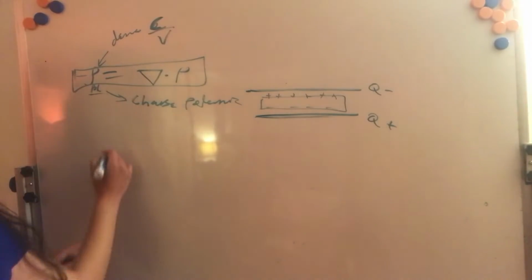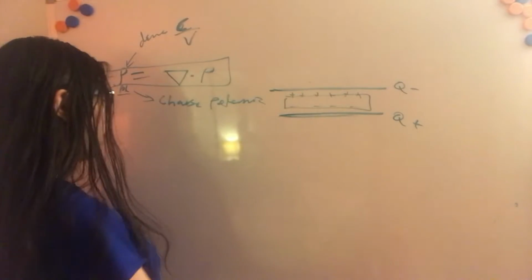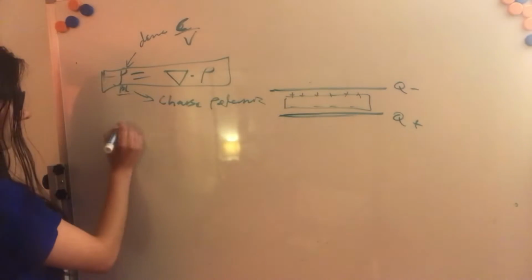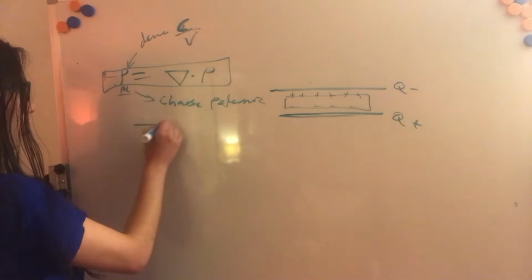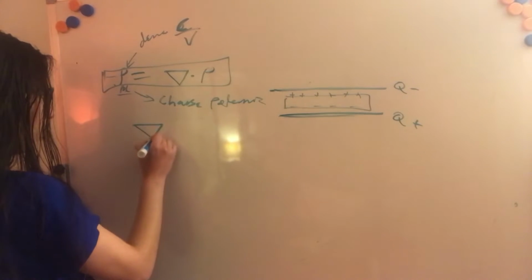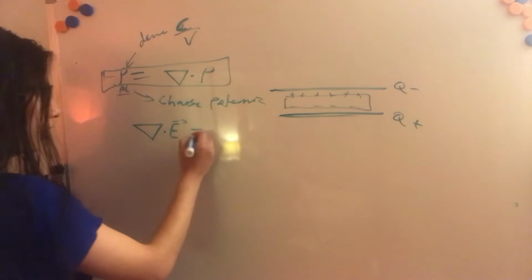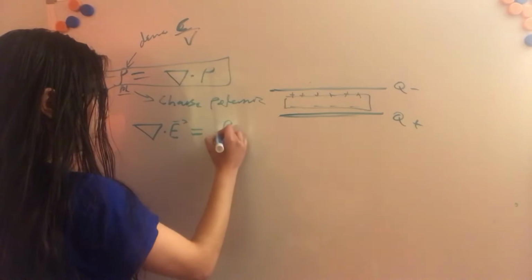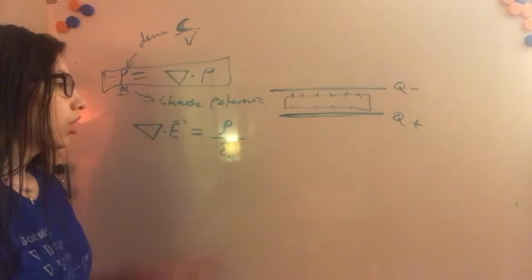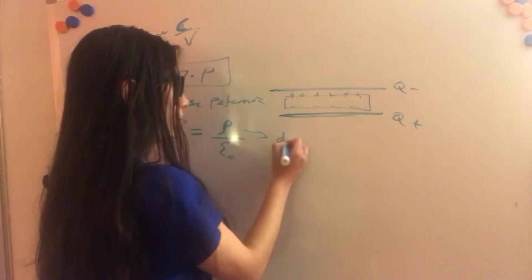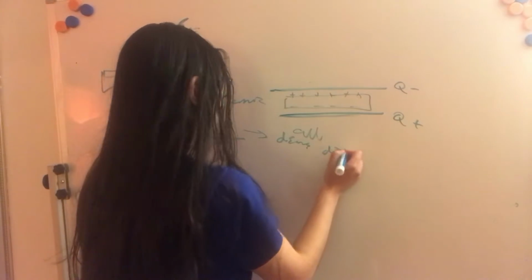We have that in another video we found the Maxwell differential equation, the first one, that is the Gauss law of electricity, that is that the divergence of the electric field is equal to the density, rho, divided by epsilon naught. This density refers to all the densities in the dielectric.